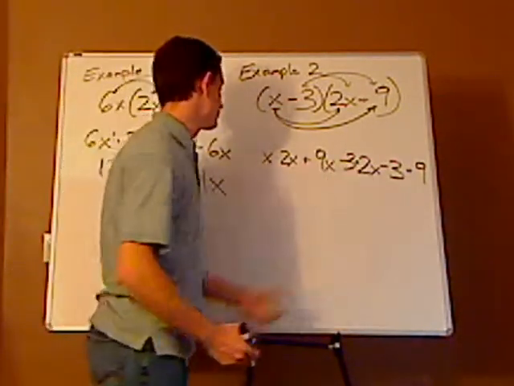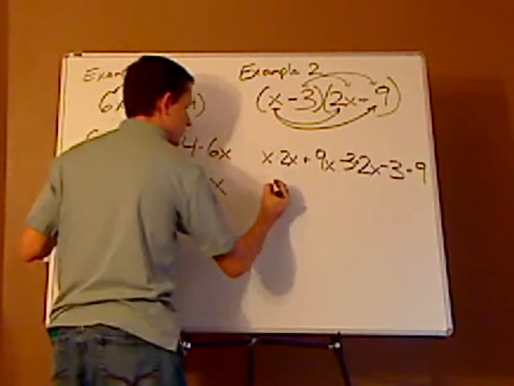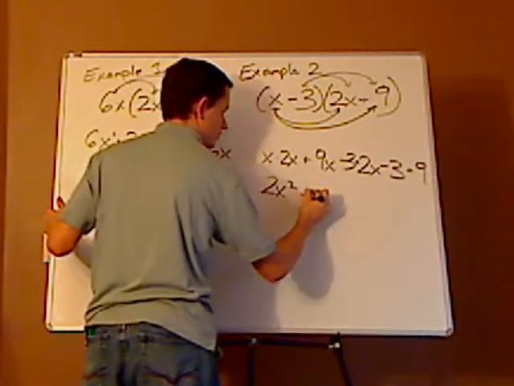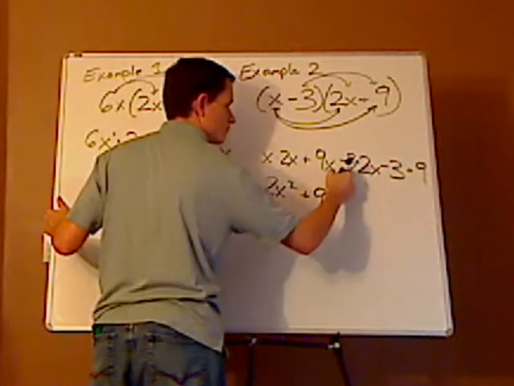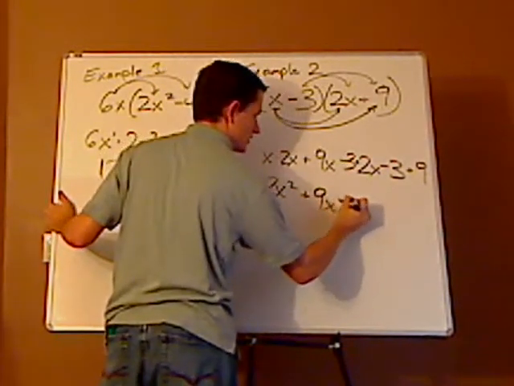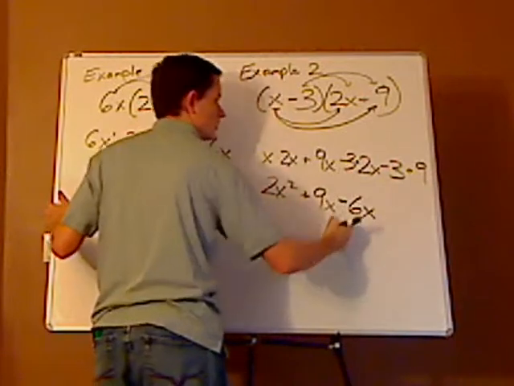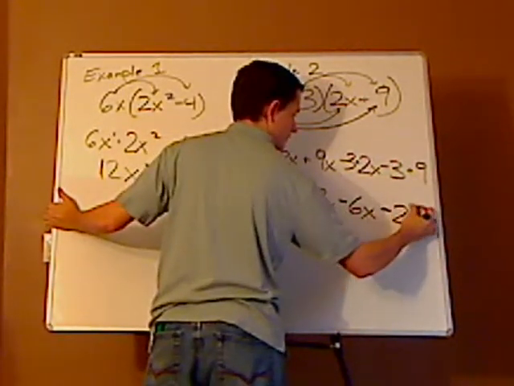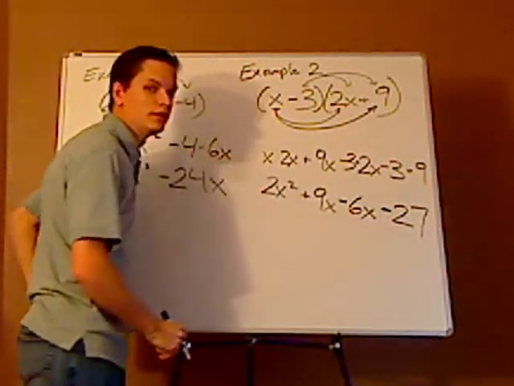First simplify each term. X times 2x gives you 2x squared. This is just plus 9x. 3 times 2 is 6, so it's a negative 6x. 3 times 9 gives you 27. Then you add like terms.